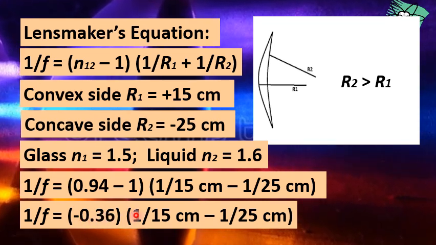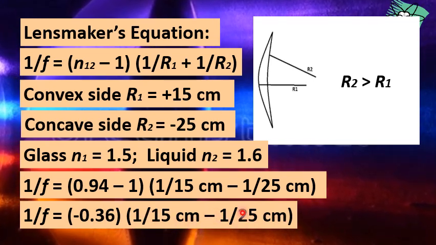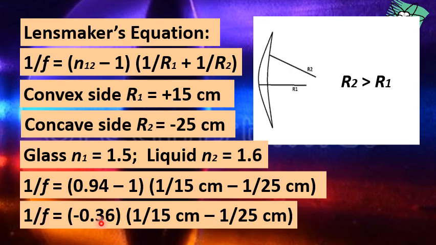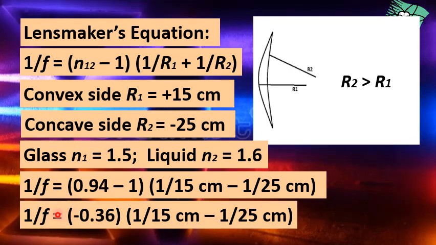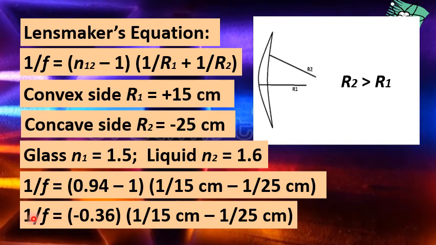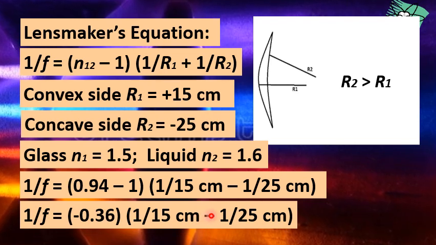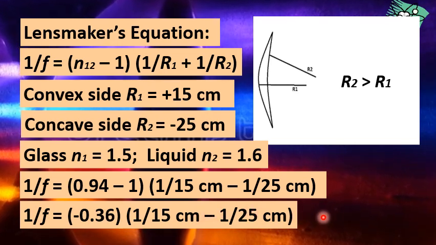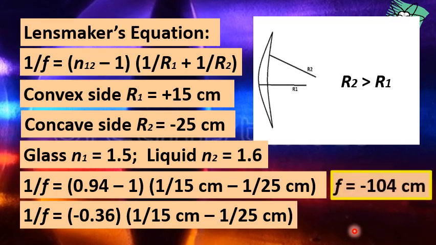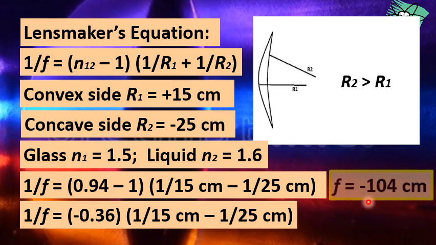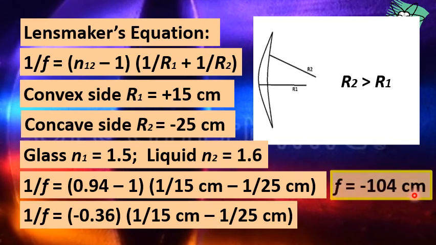And when multiplied by 1 over 15 centimeters minus 1 over 25 centimeters, the value that comes out is actually the reciprocal of the focal length, or 1 over f. So simplifying further, right, we will actually get the value of the focal length, f equals negative 104 centimeters, right?